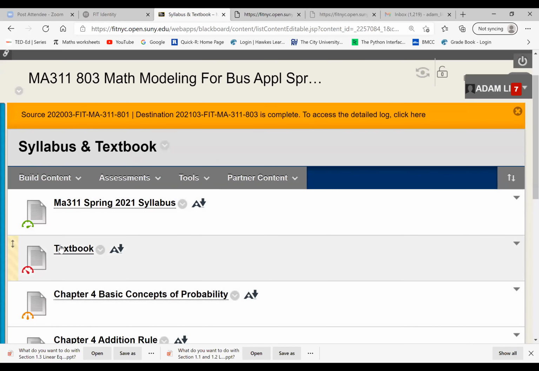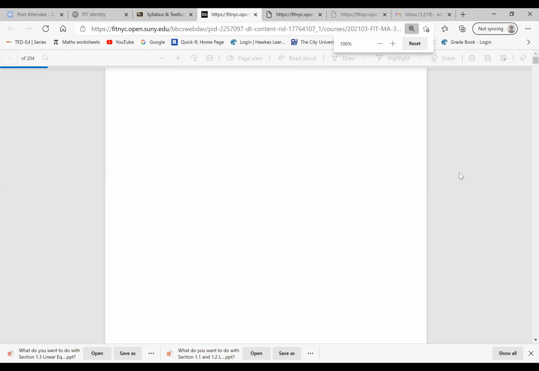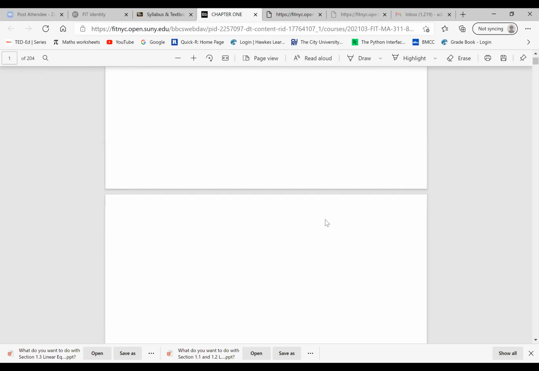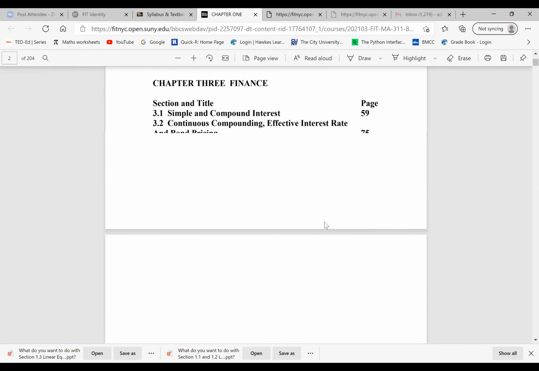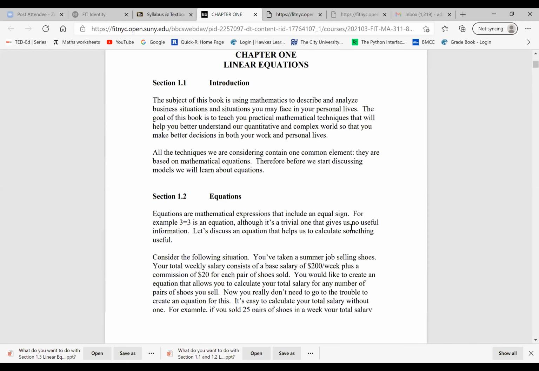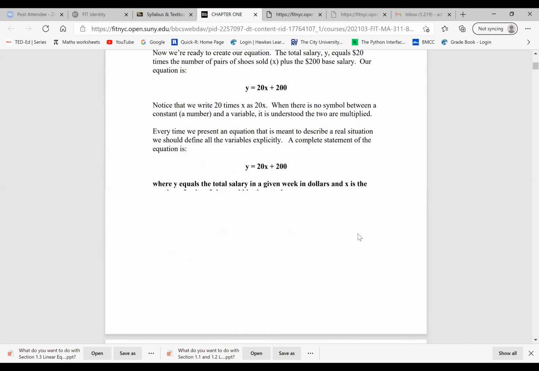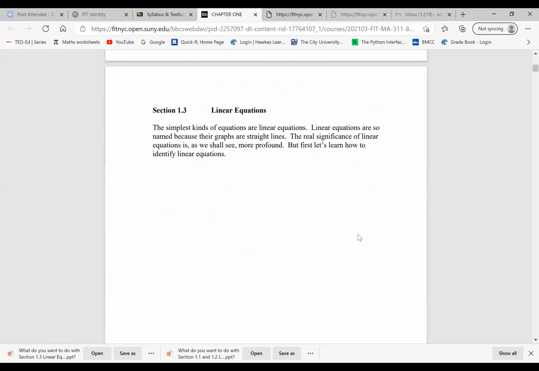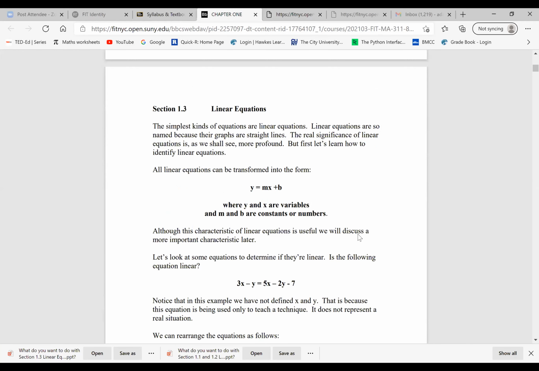All right, you can scroll down to section 1.3. For 1.1 and 1.2 there's no homework assignment, so your homework assignment starts on 1.3.